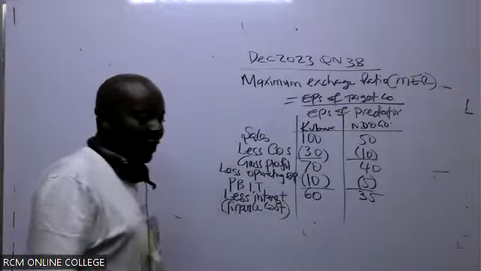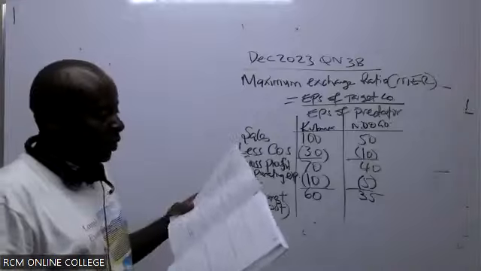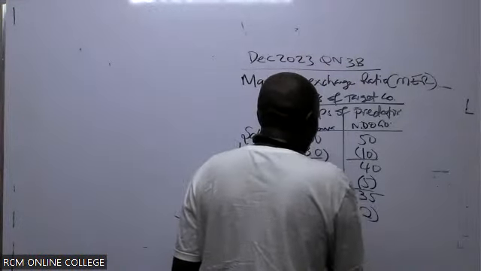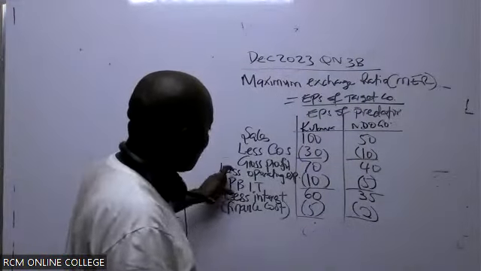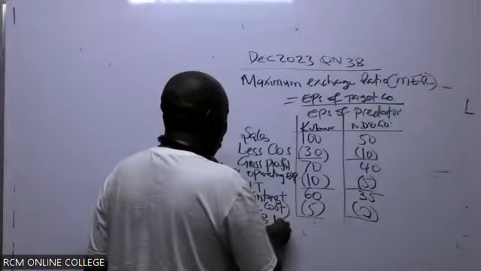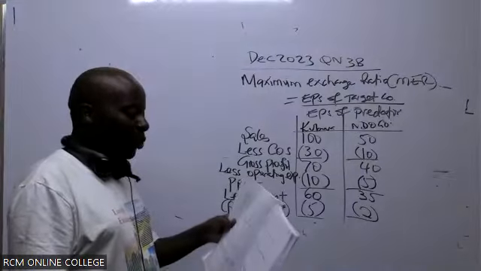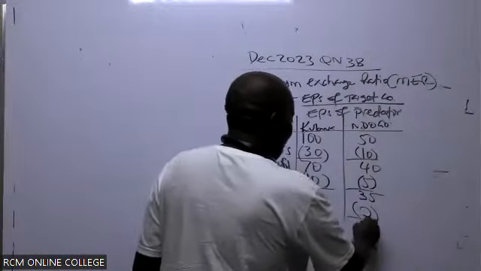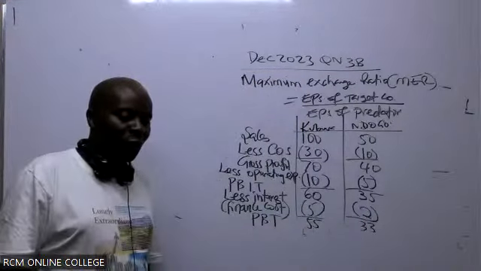The finance cost is 5 versus 2. Having subtracted interest, this will be profit before tax. Profit before tax is 55 versus 33.